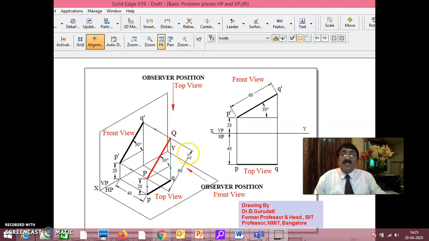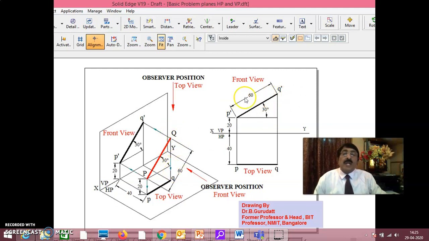When I move Q this way, Q is coming nearer to the observer, because the observer is here. That means Q can be moved either this way nearer to VP or this way nearer to the observer. But whatever you do, the inclination to HP remains the same.